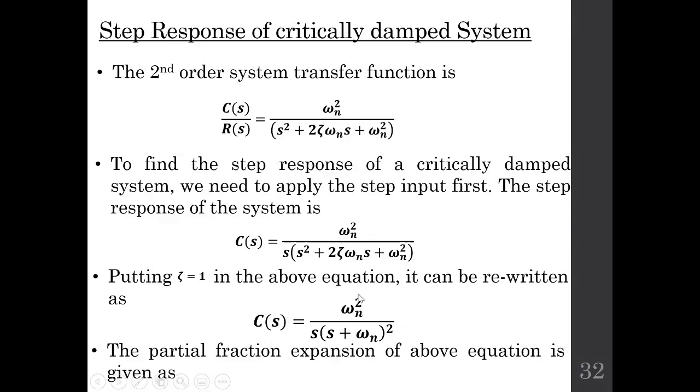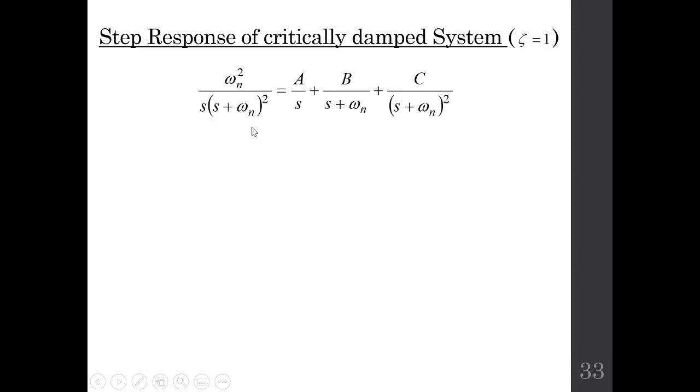The partial fraction expansion of this equation can be given as omega_n^2 / (s (s + omega_n)^2) = A/s + B/(s + omega_n) + C/(s + omega_n)^2.